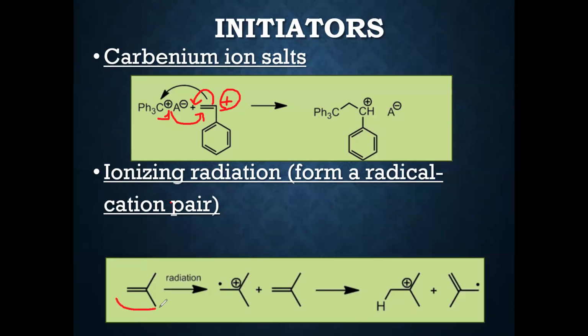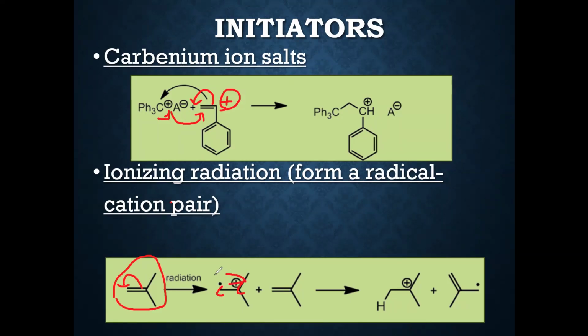When our monomer is exposed to radiation, the double bond is broken, forming a radical cation. So here we have a carbon which carries a free radical, and the other carbon carries a positive charge.